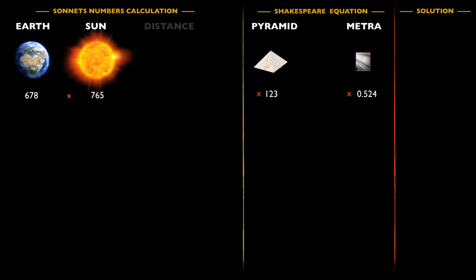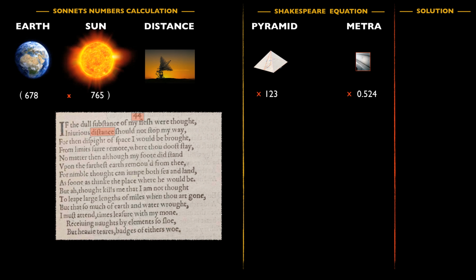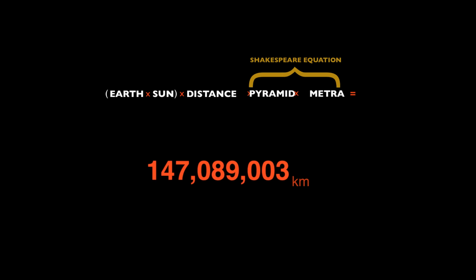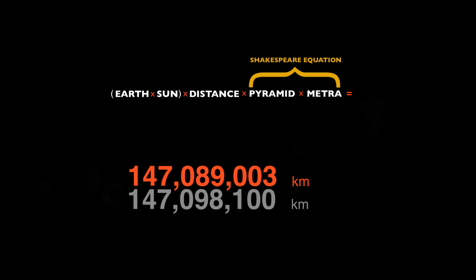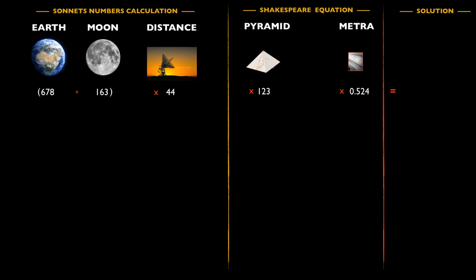Now, distance he only uses once in sonnet 44. So, multiply Earth by Sun, by distance, then by the Shakespeare equation, pyramid times metra, pi over 6, and the answer is this, which is the distance of the Earth to the Sun, to 99.994% accuracy. How about Earth to Moon?